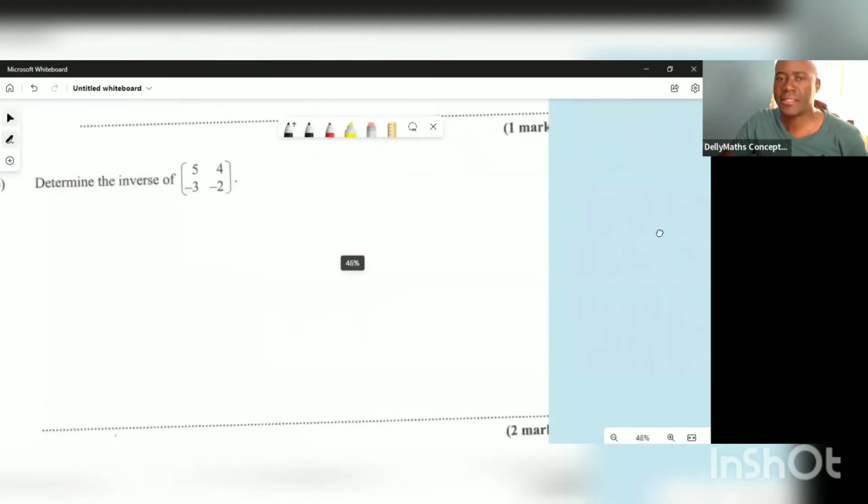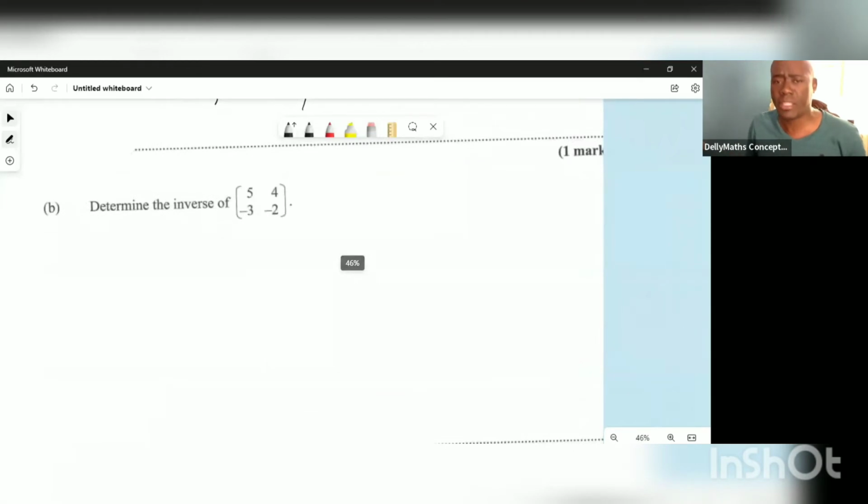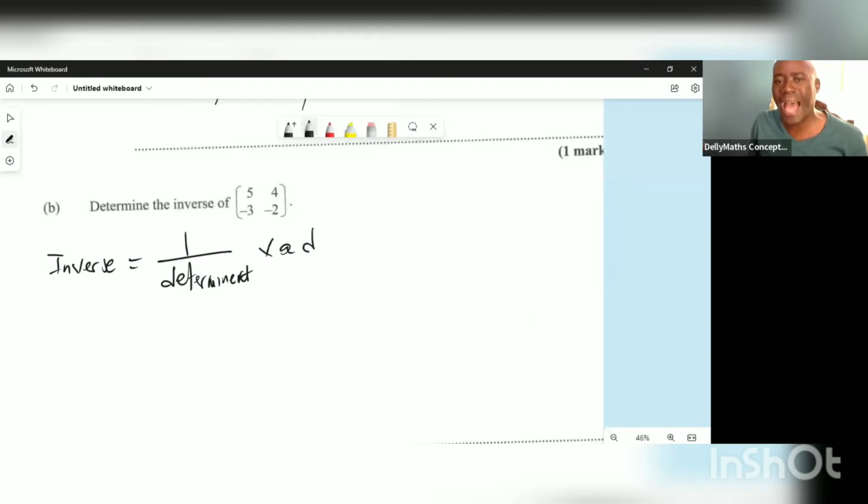Next question says, determine the inverse of this matrix. The inverse of a matrix, there's a principle behind this, is equal to 1 over the determinant of the matrix times the adjoint.